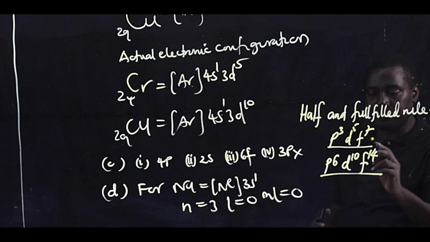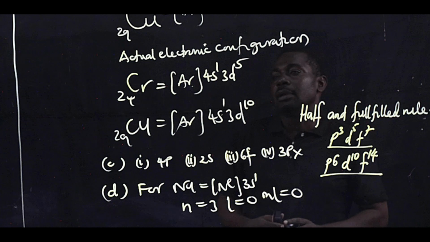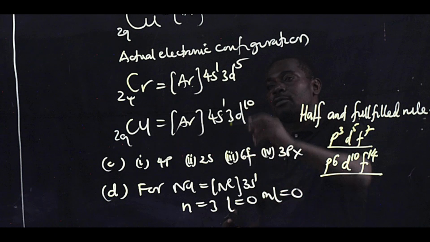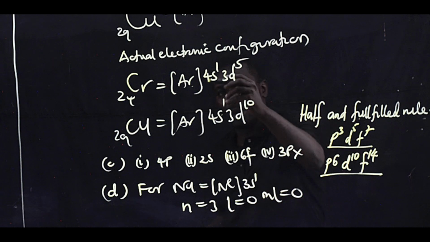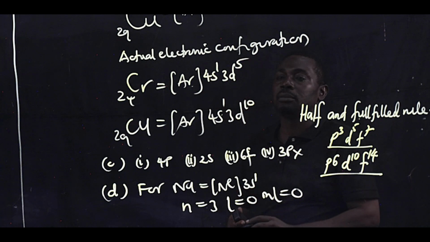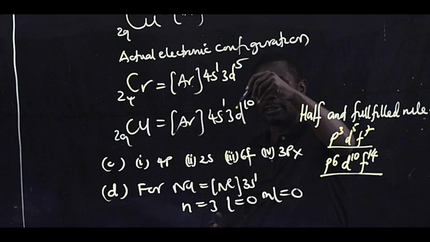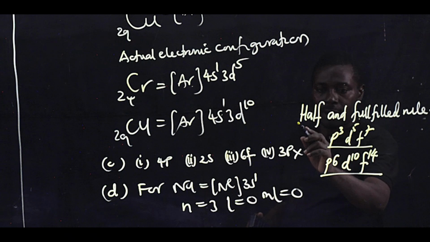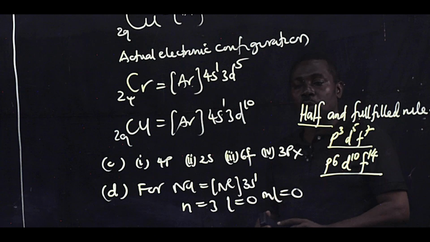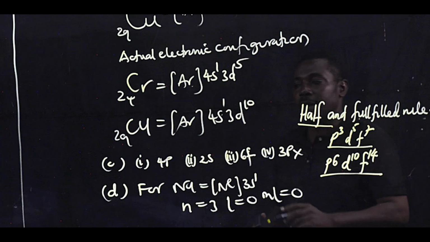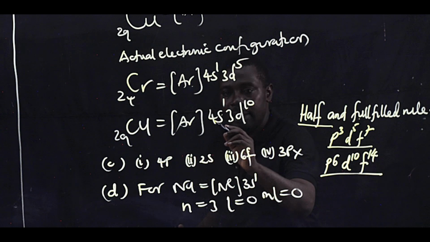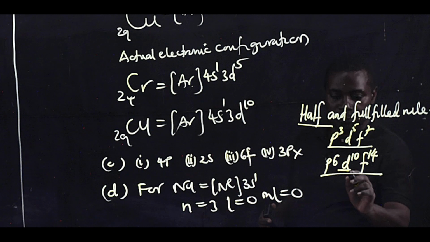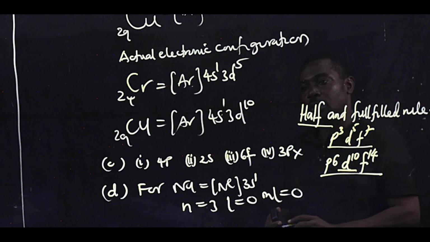So according to the half and fulfilled rule, for chromium and copper, 1 electron of the s orbital is filled into 3d. For chromium, this is in order to have a half-filled orbital, which is stable, and for copper, 1 4s electron is filled into 3d in order to have a fully filled orbital.